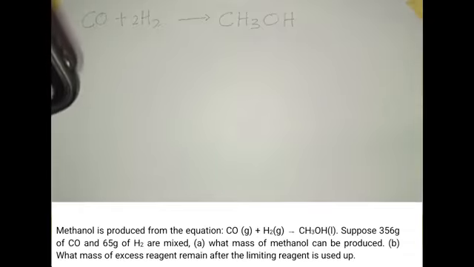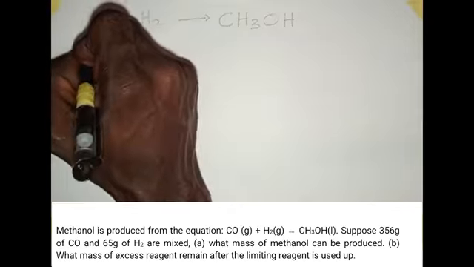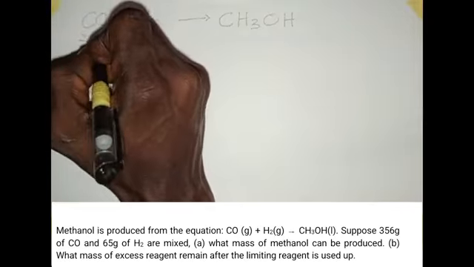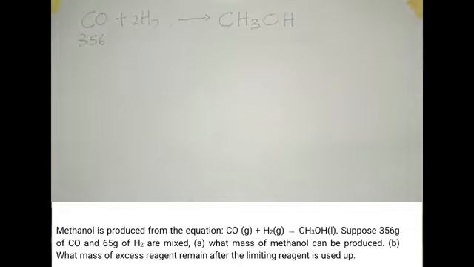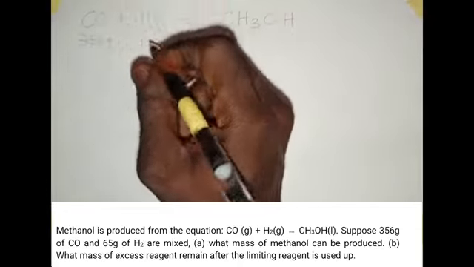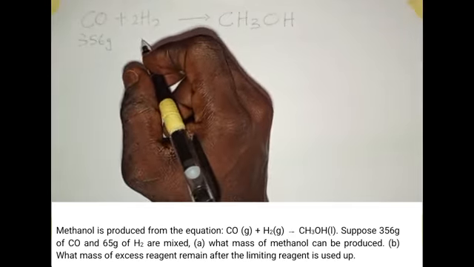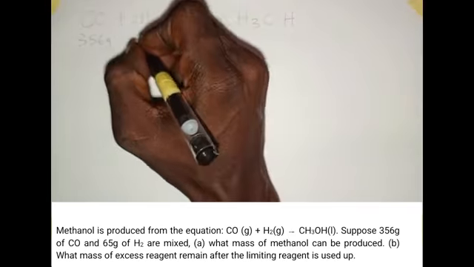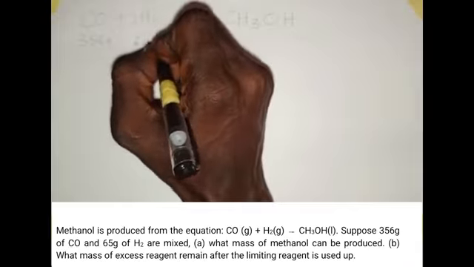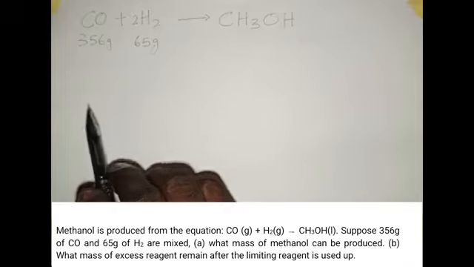So we are given 356 grams of carbon monoxide. And we are also given 65 grams of hydrogen. So these are the given quantities.